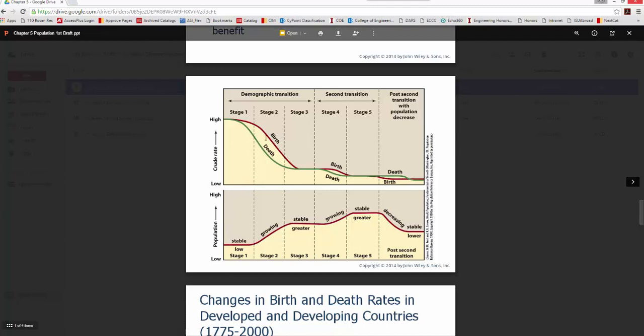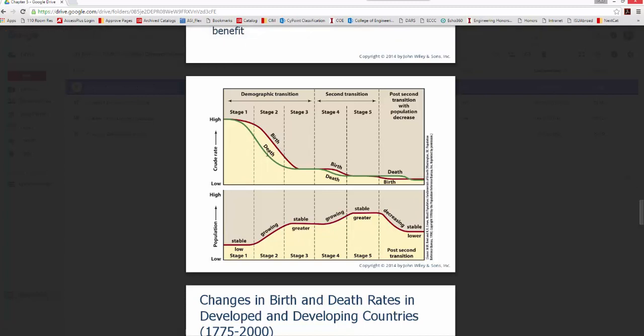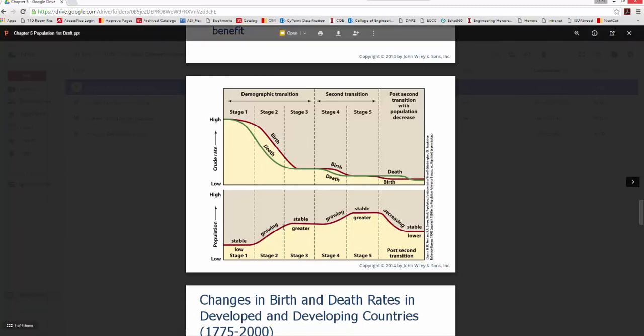Now what ends up happening, birth rates begin to decrease, death rates are decreasing as well, and in fact they meet again down here. Now you're into stage 3, which means when death rates and birth rates are the same, the population begins to stabilize, although at a higher level than before. Because back in stage 2, birth rates exceeded death rates, we had a growing population, again they come together, and now we begin to stabilize.